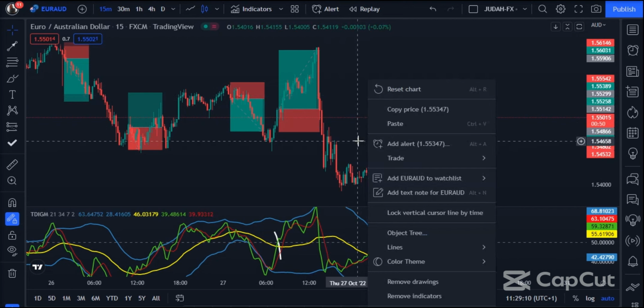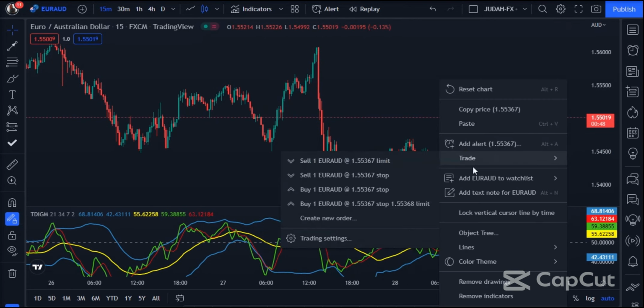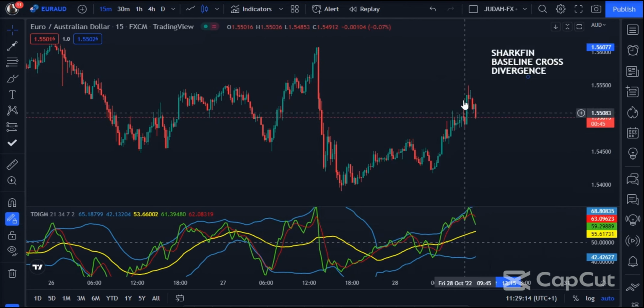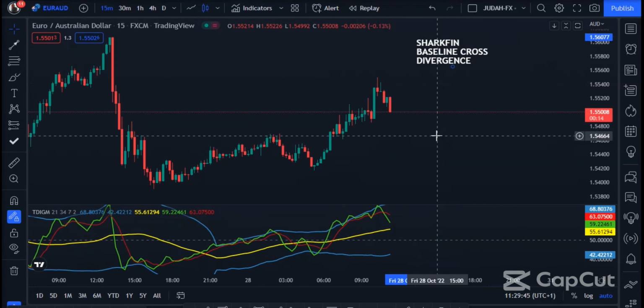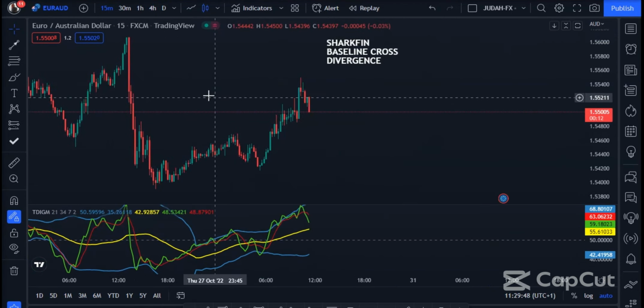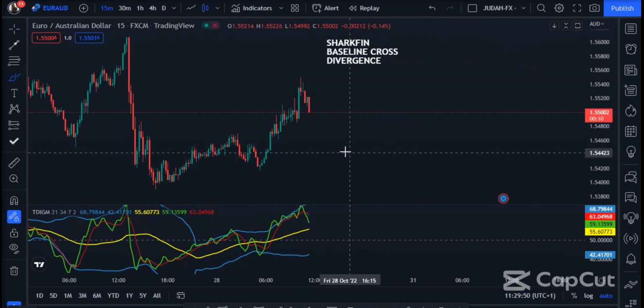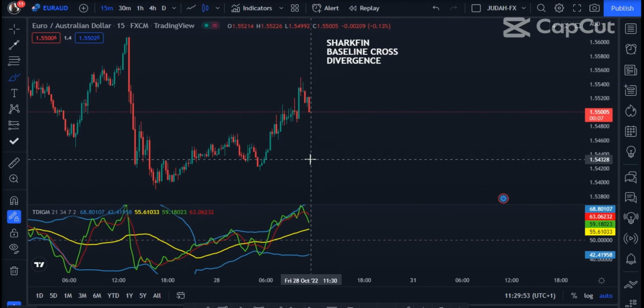So let's go over to the third one, which is divergence. Divergence isn't really hard to understand. I think most people are familiar with this. So here's how divergence works.